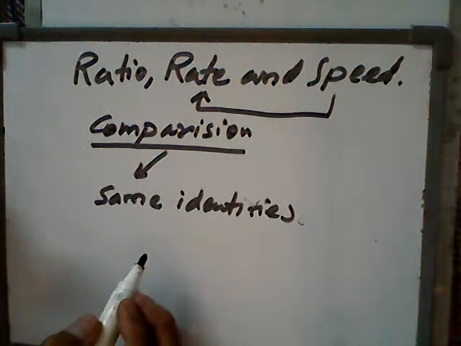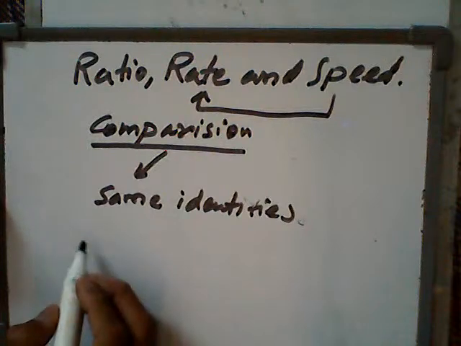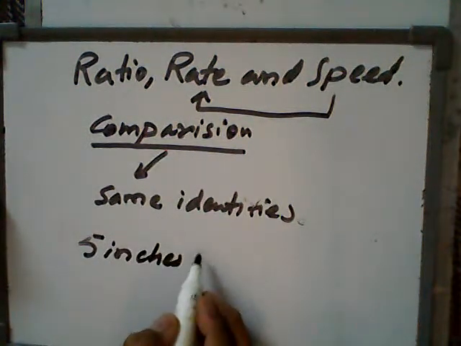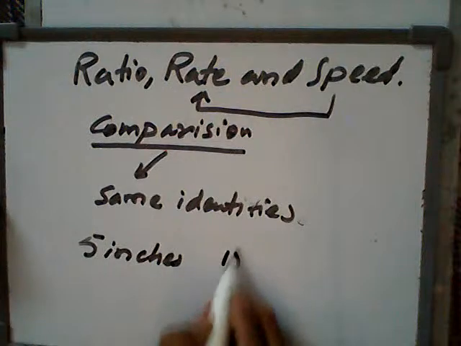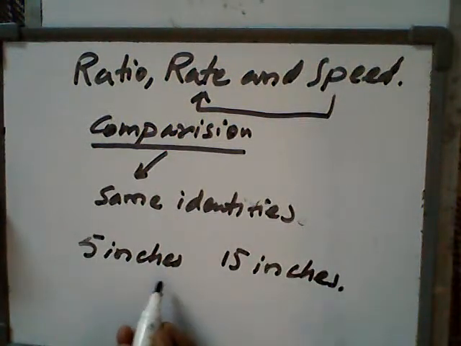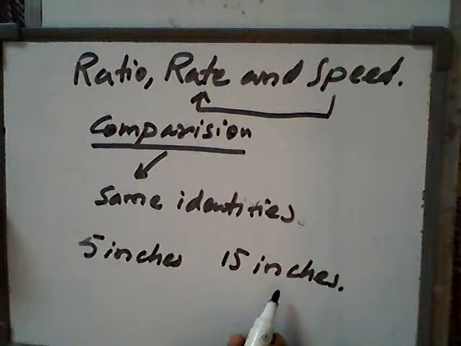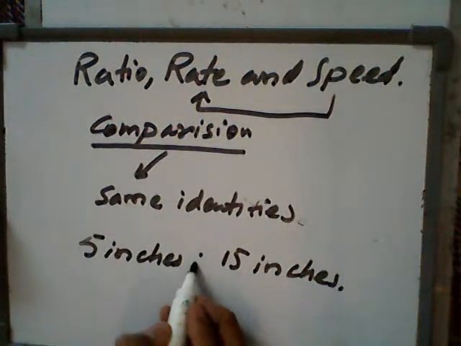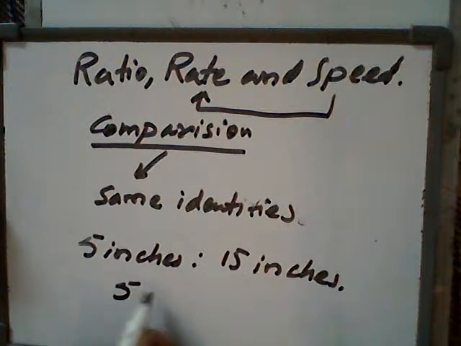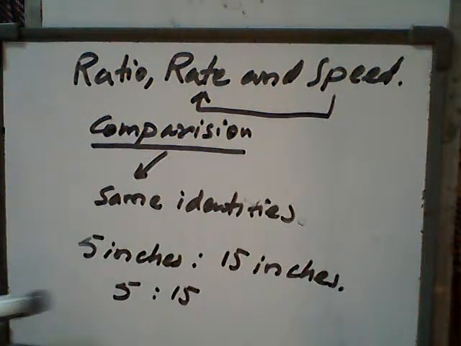So, for example, 5 inches and 15 inches. Both are the same identities, so we can compare them in the form of ratio, and we can write this as 5 ratio 15. Now we can see by which table these both can be simplified.